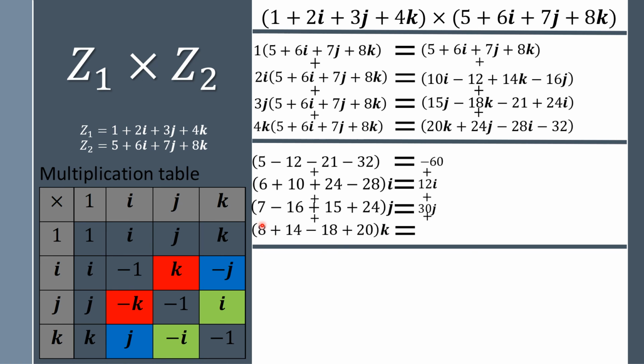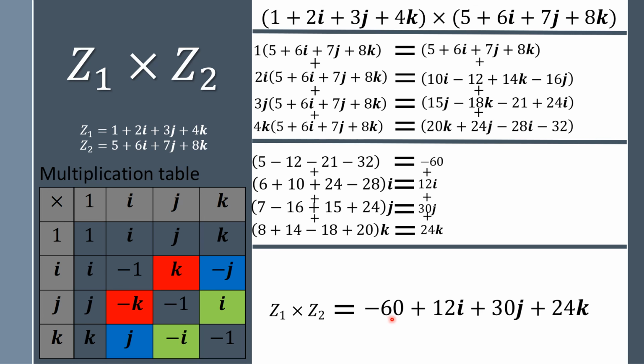And then here we have 8 plus 14 minus 18 plus 20, and that's going to give us 24k. So the solution to z1 times z2 is negative 60 plus 12i plus 30j plus 24k.